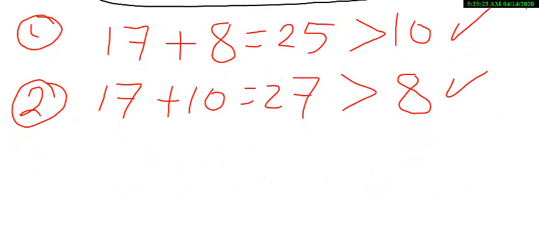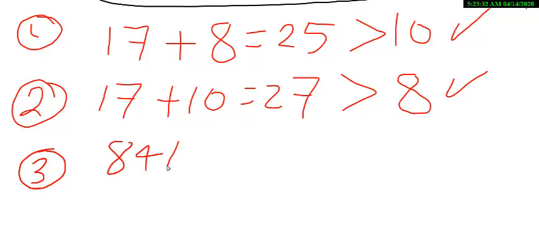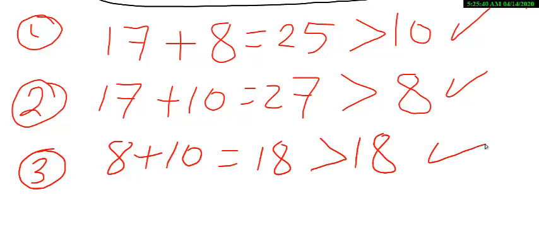The third inequality, I take 8 with 10, so 8 plus 10 equals 18, and 18 is greater than 17, and this is correct. So the three inequalities are true statements. That means the given side lengths form a triangle.